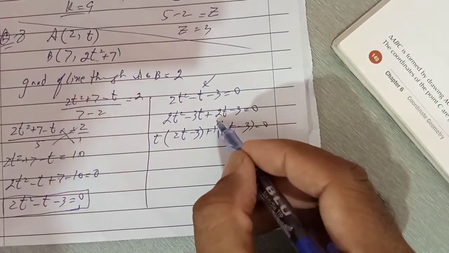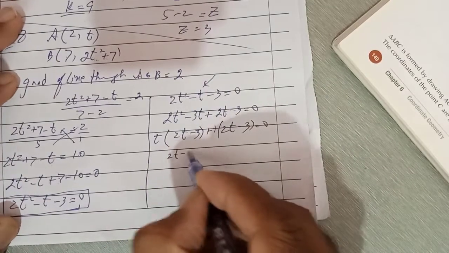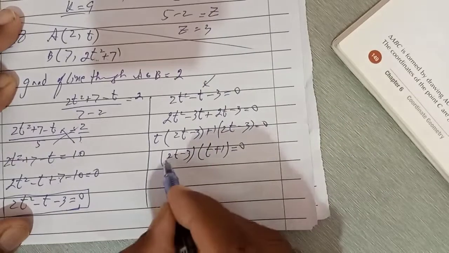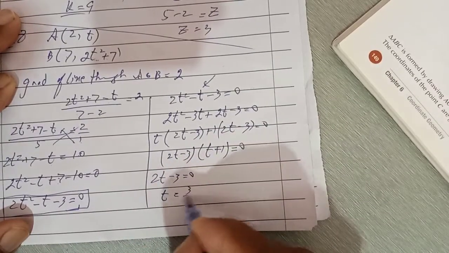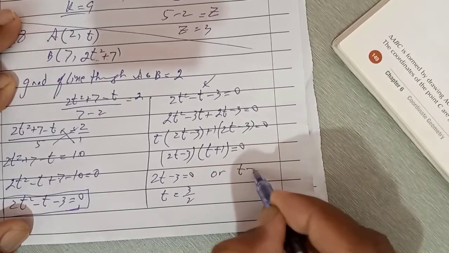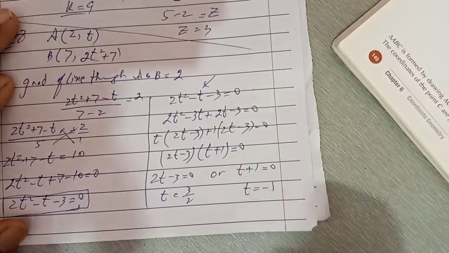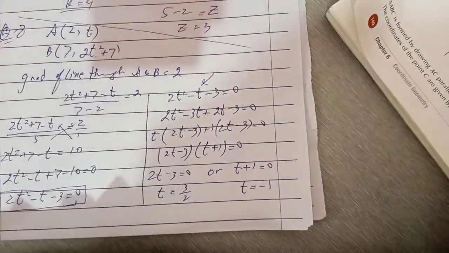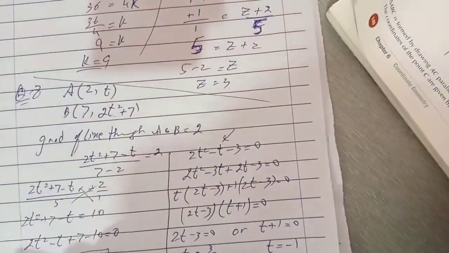Now by factorization I got 2t minus 3 is equal to 0. As a result, t is equal to 3 by 2, or t plus 1 is equal to 0, so t is equal to minus 1. Now we have two values of t: one is 3 by 2 and the other is minus 1.